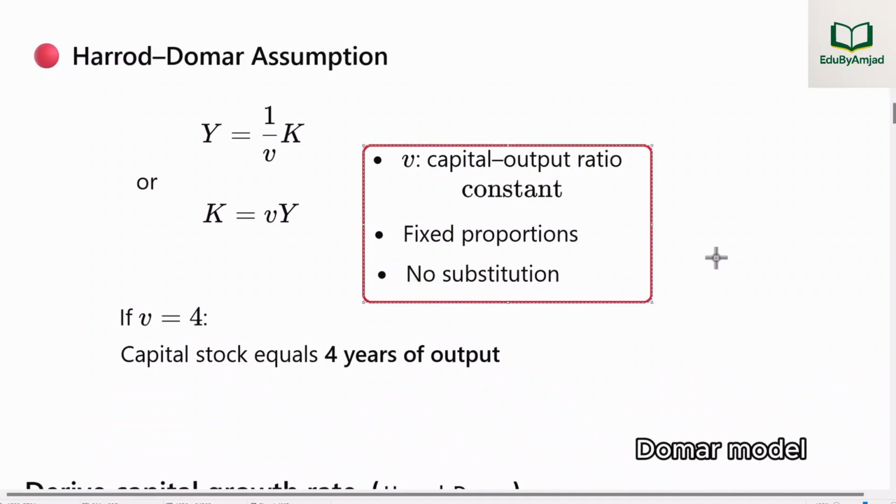The Harrod-Domar model assumes this capital output ratio is fixed. Output is proportional to capital, there is no substitution between labor and capital, and technology is implicit and fixed. Because of this proportionality, Harrod-Domar treats the capital output ratio as constant over time.